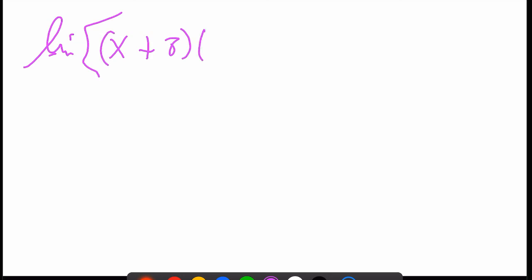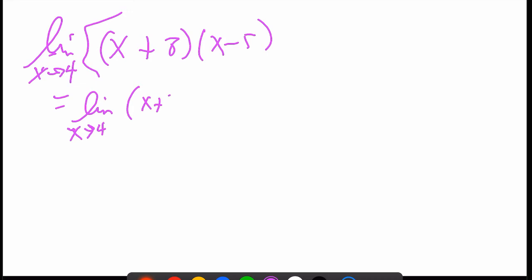Okay? How about limit x plus 8 times x minus 5? Well, that's going to be as x goes to 4. Okay? Well, that's going to be limit x goes to 4 x plus 8 times limit as x goes to 4 x minus 5.